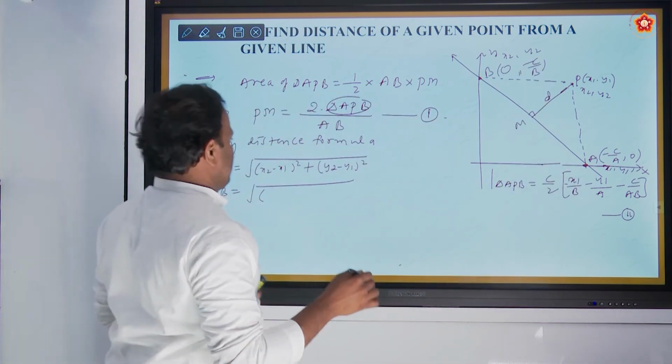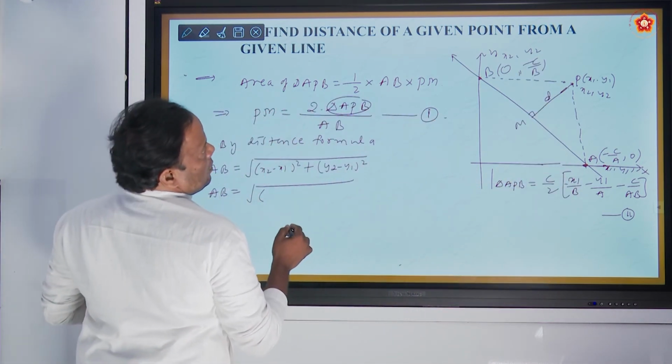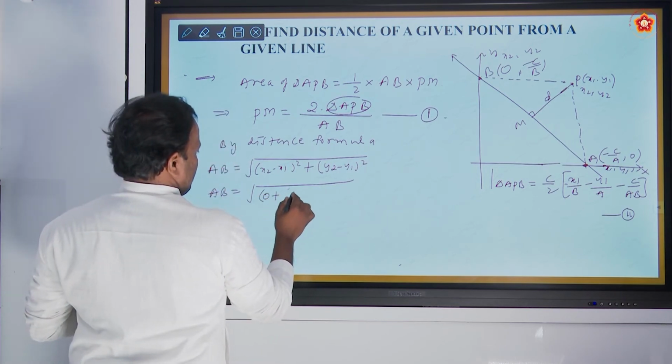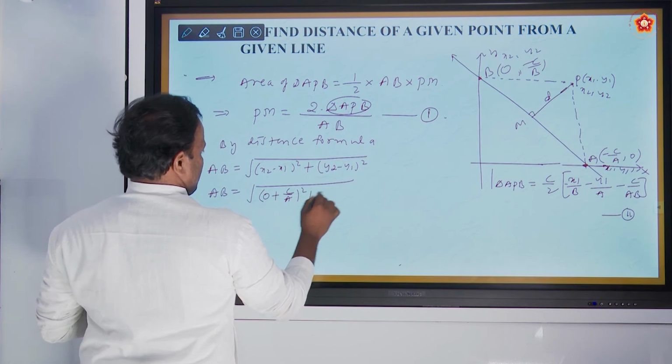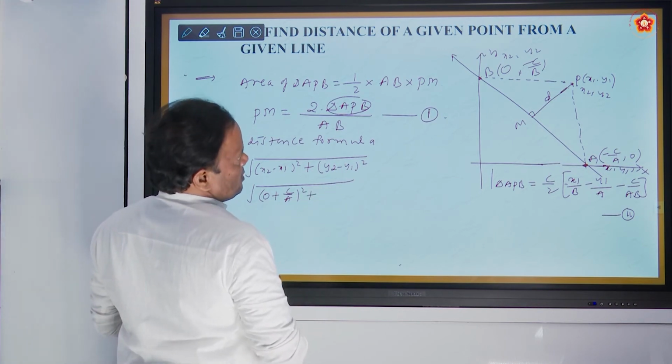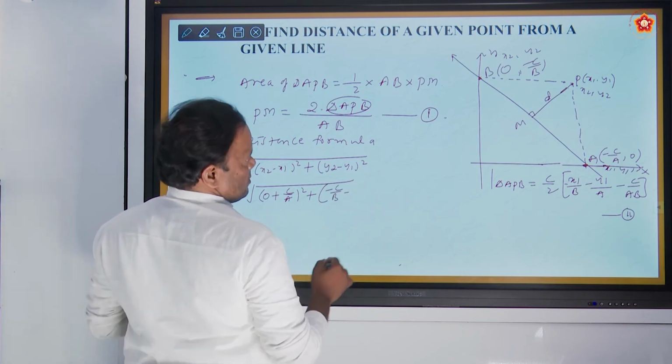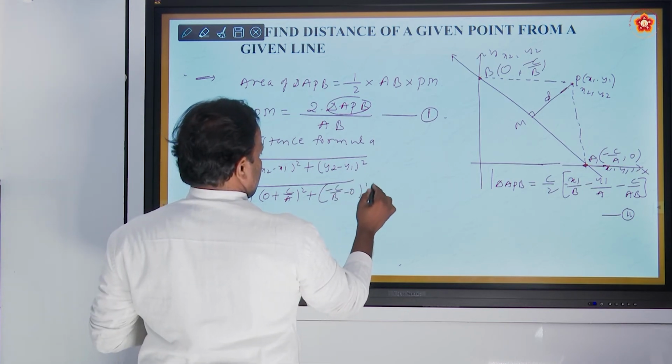Substitute. x2 minus x1 whole square. What is x2? 0, minus what is x1? Plus c by a, whole square, plus y2 minus y1 whole square. What is y2? Minus c by b, minus y1 is nothing but 0, square.